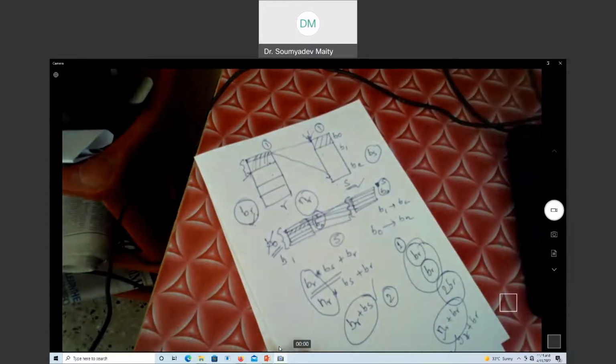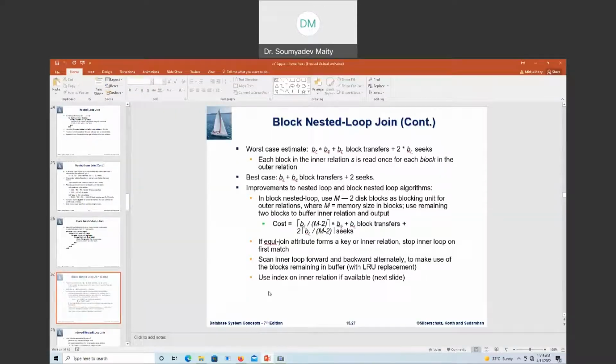So total 2 seeks will be required. So in the best case, we can see that nested loop join and block nested loop join have the same cost. But in the worst case, block nested loop join is definitely much cheaper than the nested loop join.